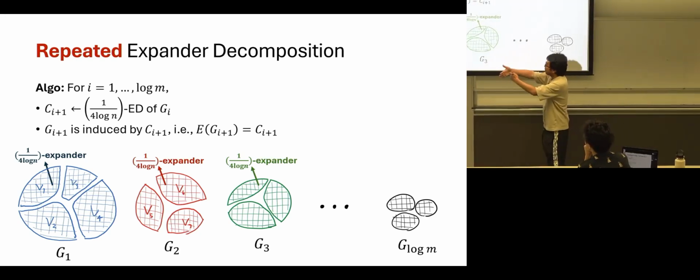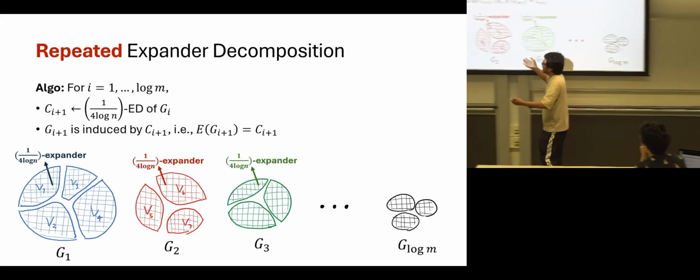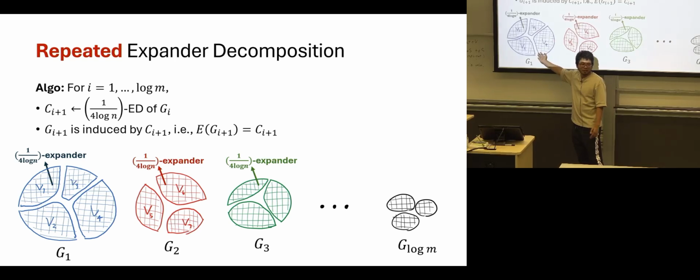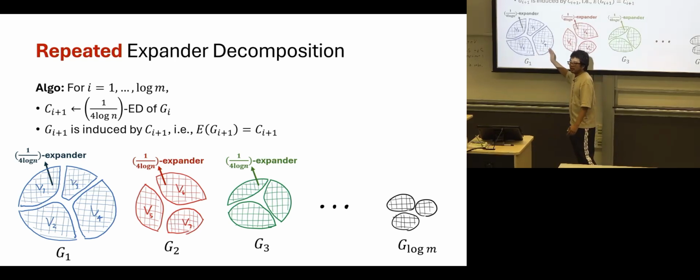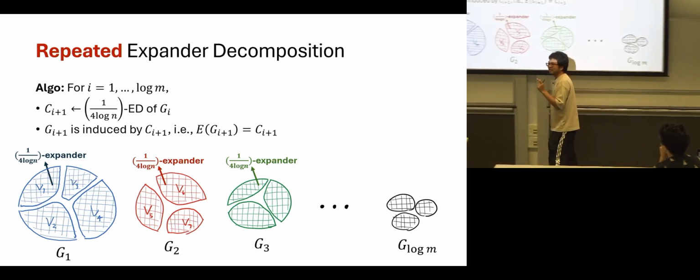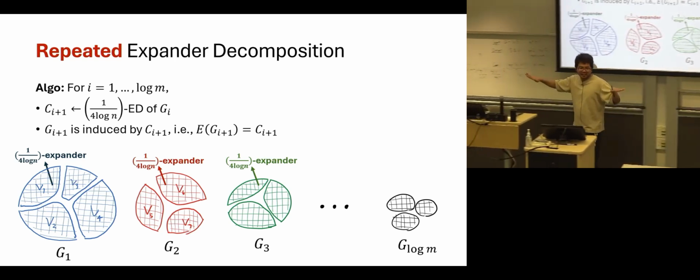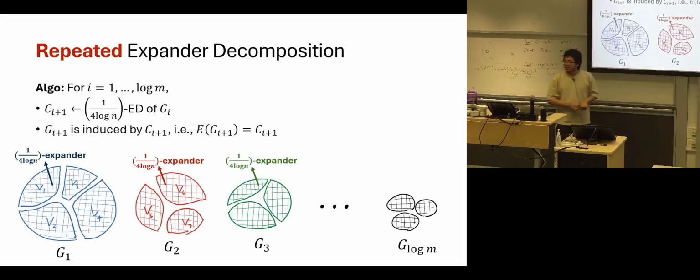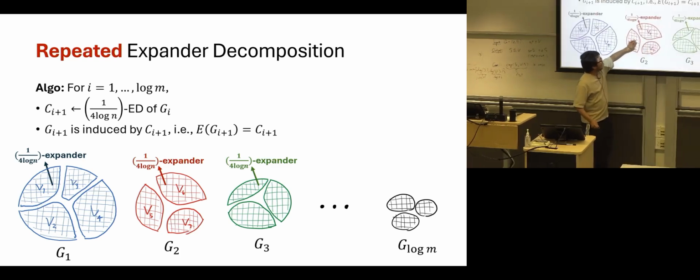And these graphs partition the edge set of the original graph. For every edge in the original graph G, it will go to one of these graphs. So we really just partition the edge set of the graph into log m many graphs, and each of these graphs is a collection of expanders.